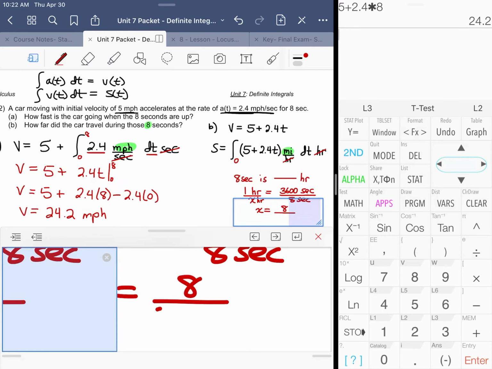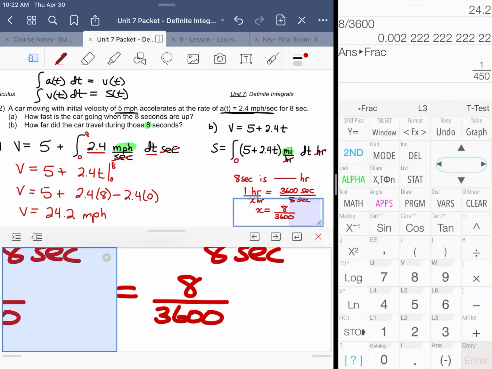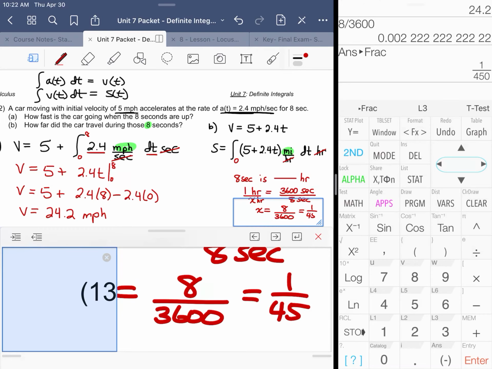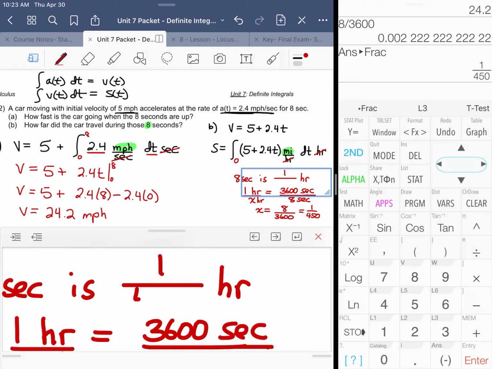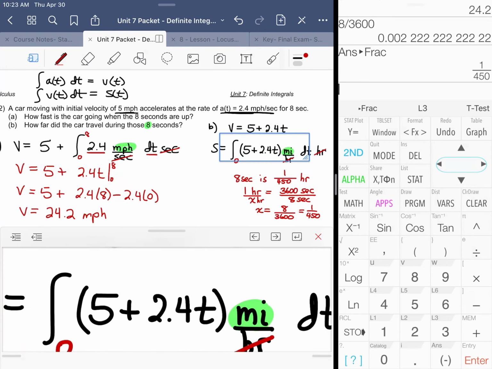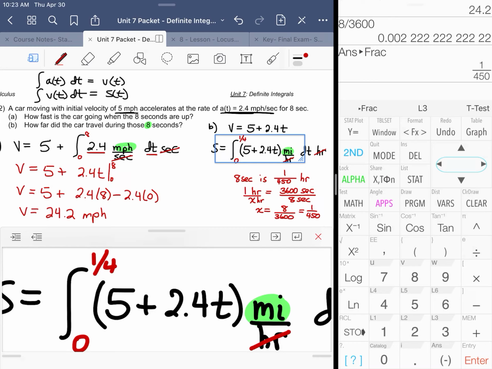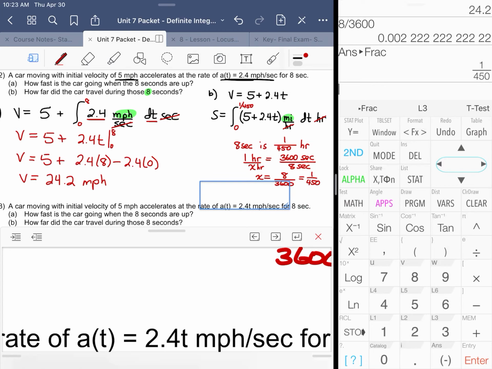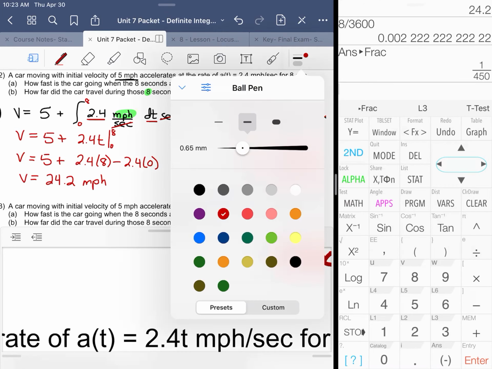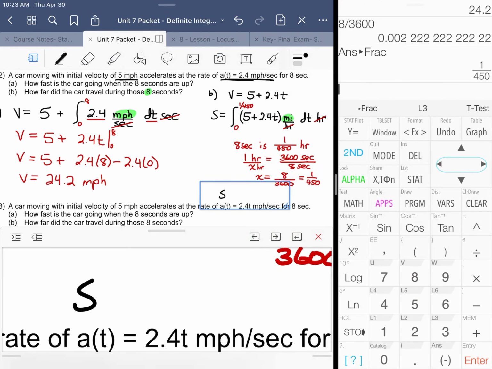So x would be equal to 8 over 3,600. Now we can simplify, not much, but maybe it'll make it a little nicer. 1 over 450. One 450th of an hour. All right, so that's my upper bound of integration.